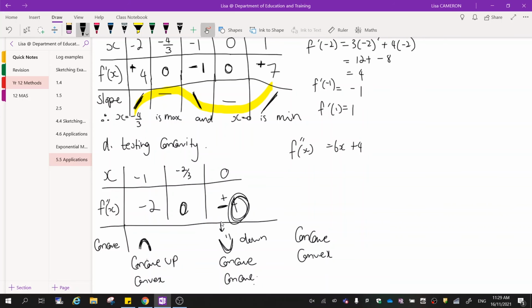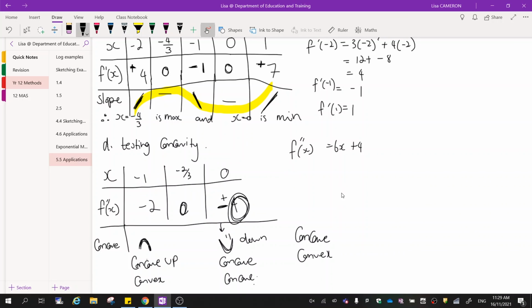Okay, so I've drawn these little things, but I always forget which way concave up and concave down are. Concave up is when it's peaking like this, and it's also referred to as convex. Concave down can also just be referred to as concave. That's the one that makes a little happy face.